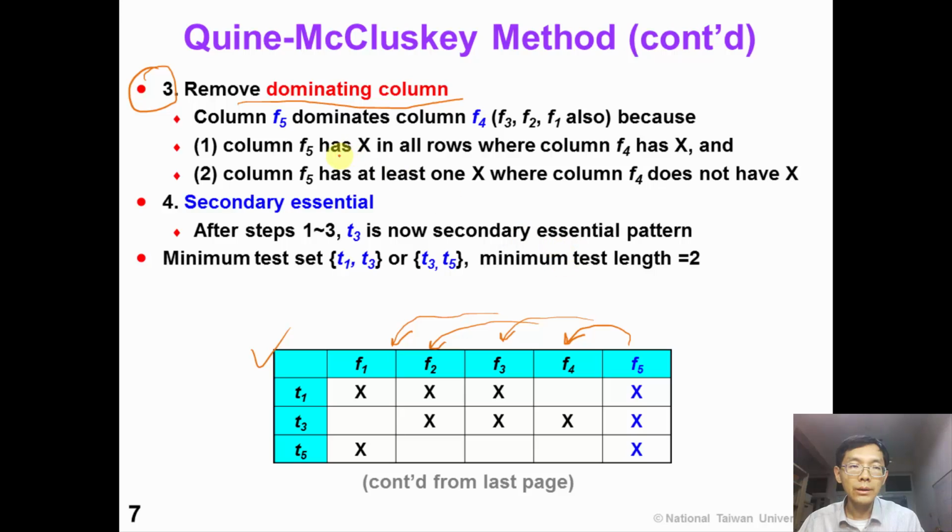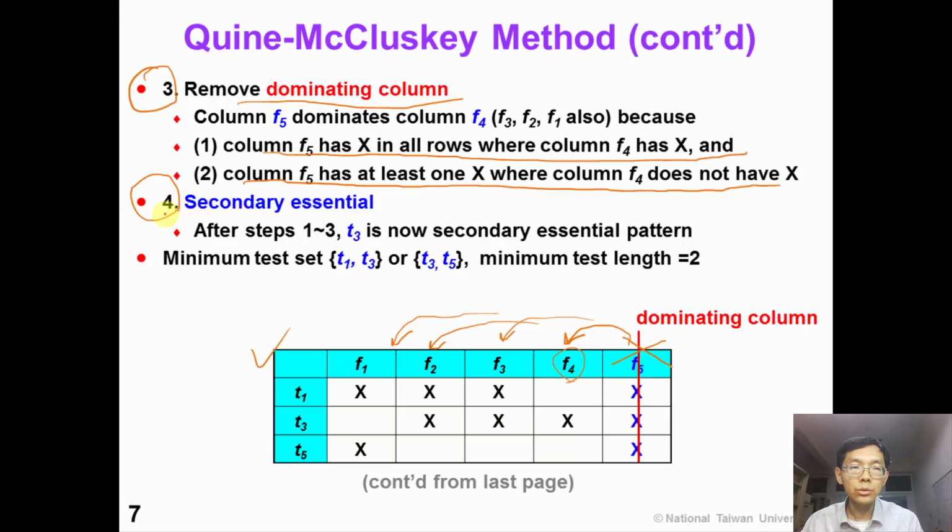Because column F5 has X in rows where column F4 has X, and column F5 has at least 1 X where column F4 does not have X. So we can remove the dominating column. As long as we detect F4, we must detect F5. Therefore, it is not necessary to consider F4.